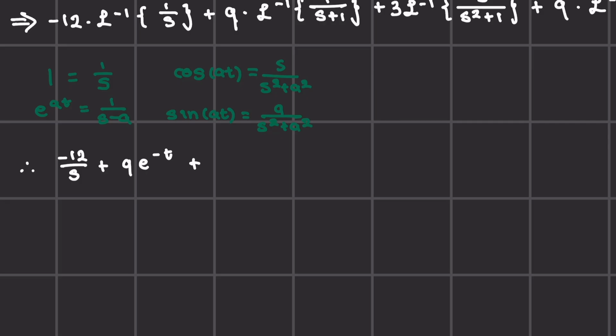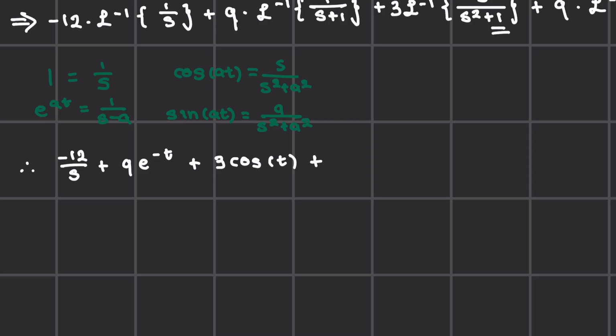Okay. And our third inverse Laplace transform right here, s over s squared plus 1, and all of you may guess that we're going to use the cosine, and you are all right. So we're going to use cosine of at. So now we have 3 times cosine, a squared here is just 1, and if we square 1, it will still give us back 1. So we have cosine of 1 times t, or we can just write it as cosine of t.